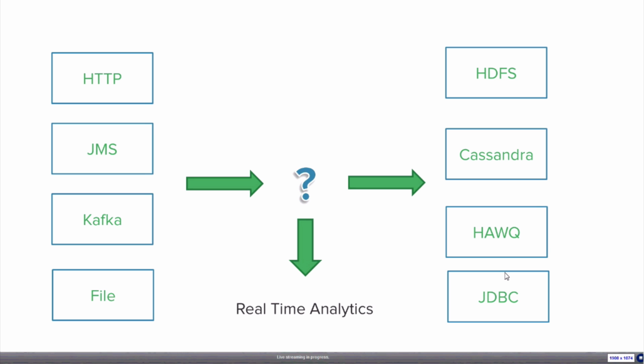And you want to take this data from these sources and store them in a variety of sinks. So HDFS for using Hadoop's ecosystem of tools to perform analysis on, maybe Cassandra, maybe Hawk, which is Pivotal's SQL product on top of HDFS. And of course, there's a good old JDBC. File to JDBC is a common, typical enterprise data movement. So the use cases really are about moving data from left to right in this diagram.